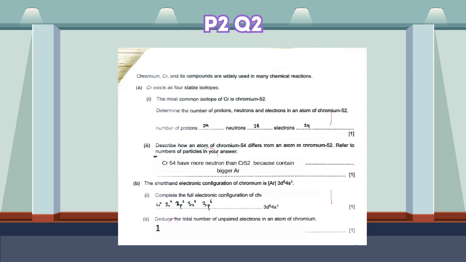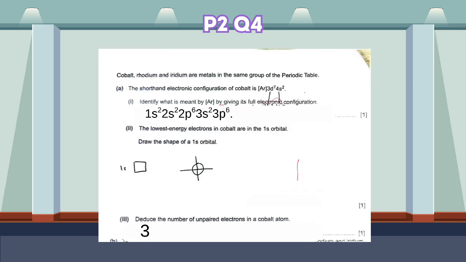Chromium-54 has more neutrons than chromium-52 because it contains a bigger relative atomic mass. And then for the B2, the total number of unpaired electrons in an atom of chromium is 4.